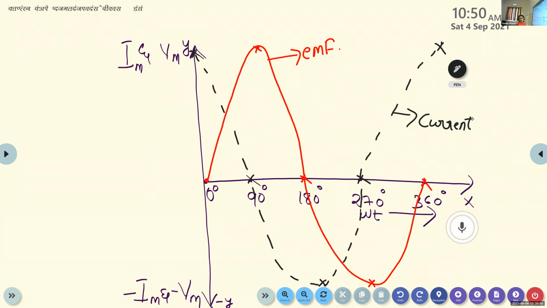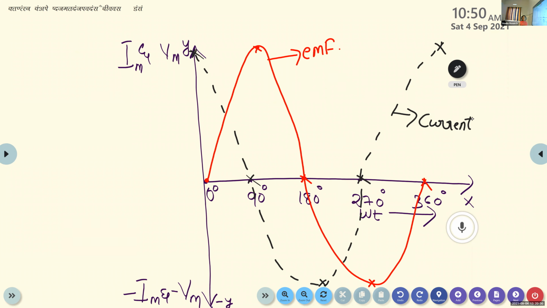Graphical representation of AC voltage through capacitor. Then what about our next topic?